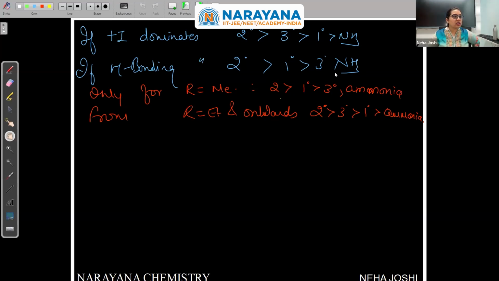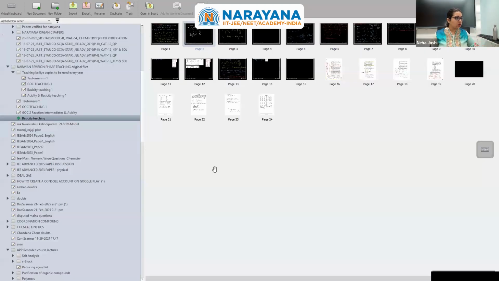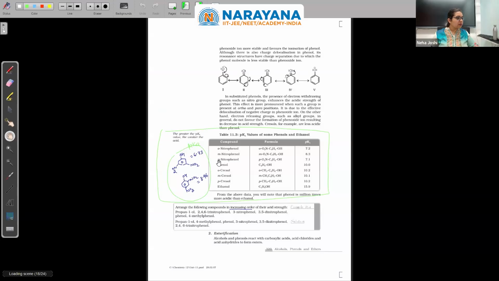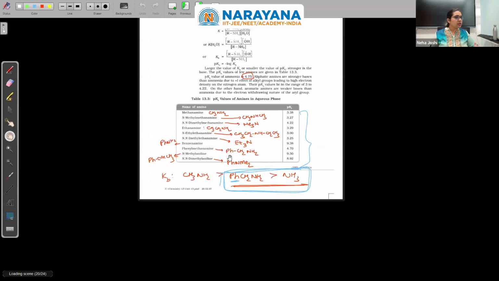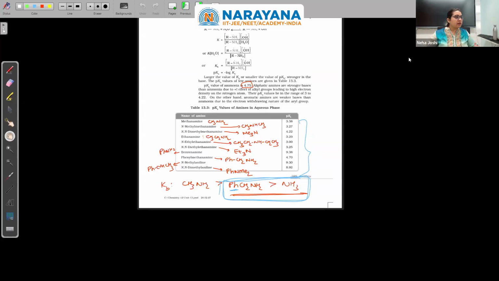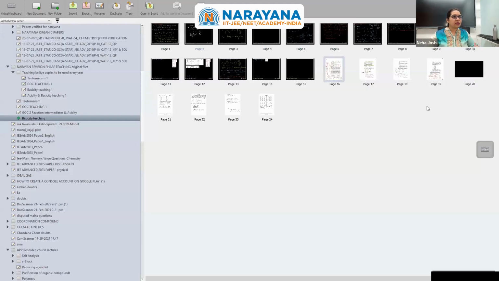Why I would still say, let me take you to the NCERT page again. These are the nitrophenols. Here is the amine case.